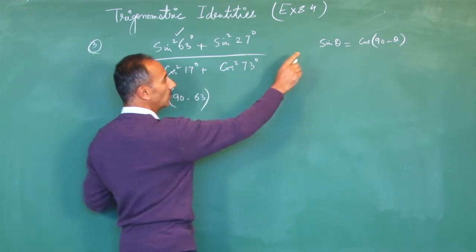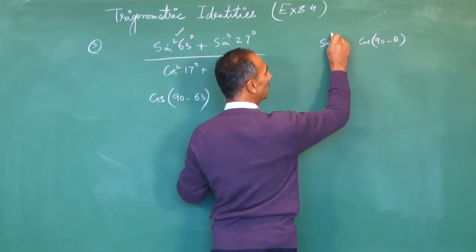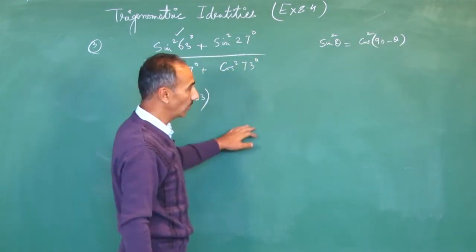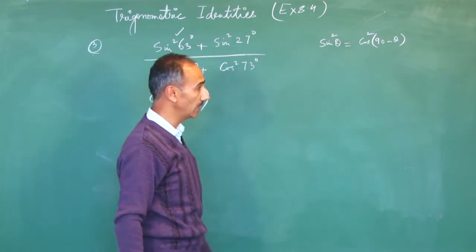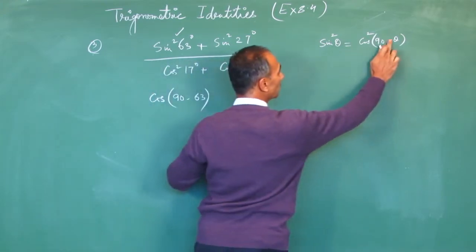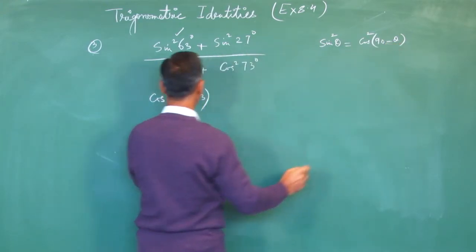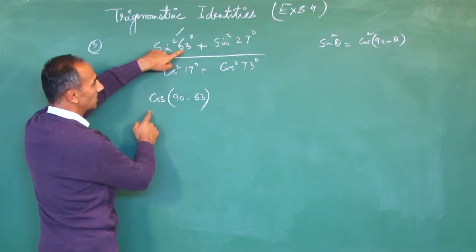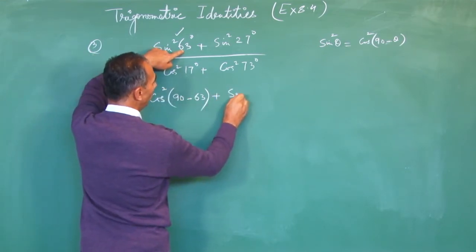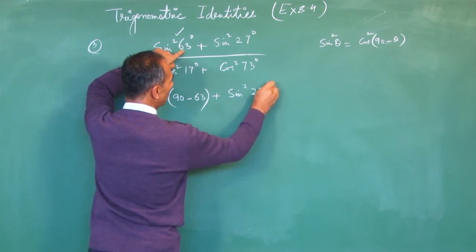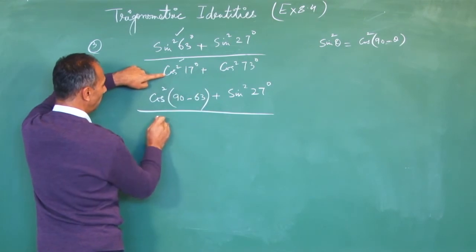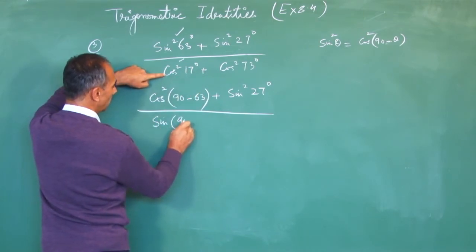Now if sine of theta is cos 90 minus theta, so sine square theta will also be cos square 90 minus theta. Whatever powers you raise on both sides, that means sine cube theta will be cos cube 90 minus theta. So I've used sine of 63 as a result. Sine is cos 90 minus theta, square of this. This will be plus, keeping the other as it is, 27, and let me change 17 here. So cos of theta will be sine of 90 minus theta.